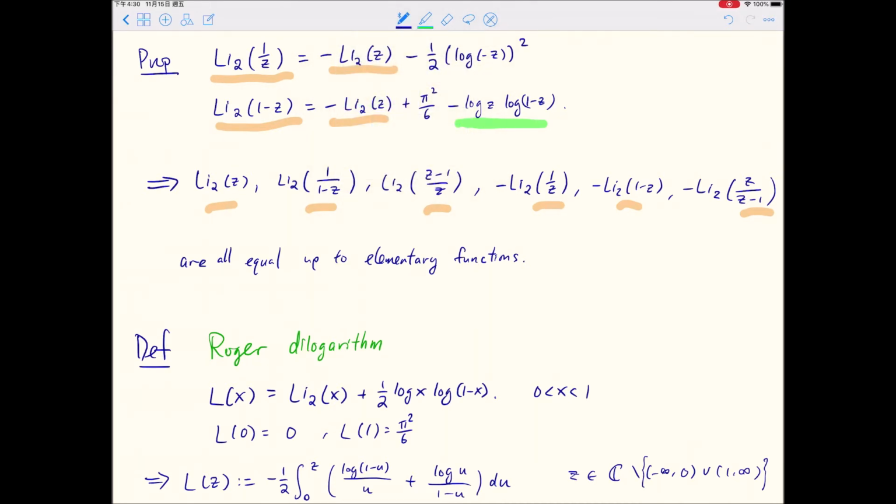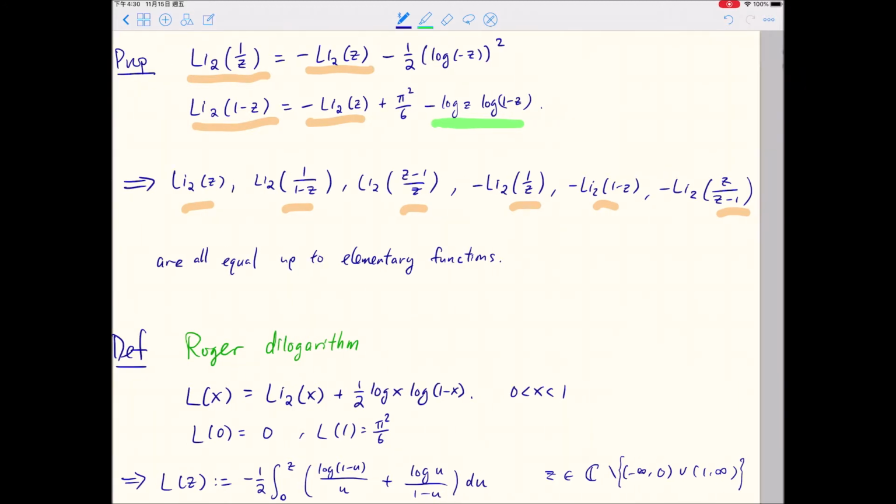So this is the version that we will be really generalizing to the quantum case. And using this function, the well-known pentagon identity can be written in a very neat way. So the following theorem characterizes the Rogers Dilogarithm function. Let's say we have two arguments, x and y. Then the function is the unique analytic function satisfying the following two functional equations.